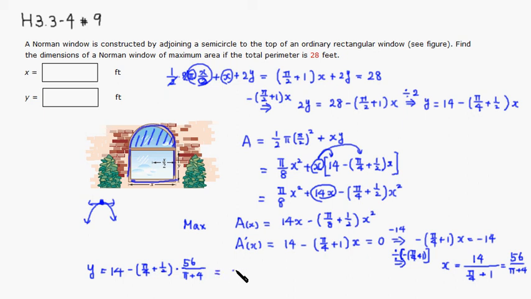Taking a common denominator of pi plus 4, 14 is the same thing as 14 times pi plus 4 over pi plus 4.